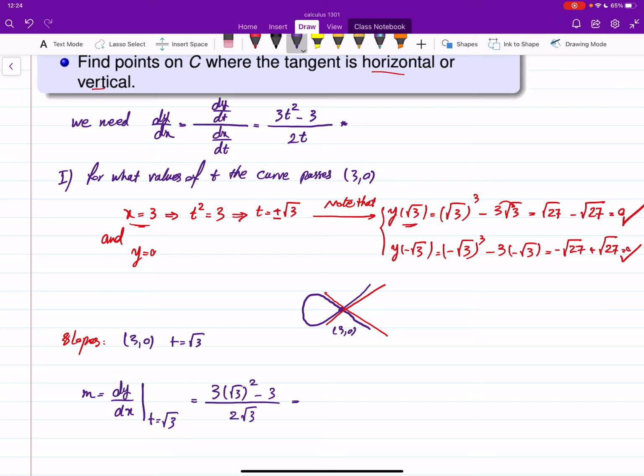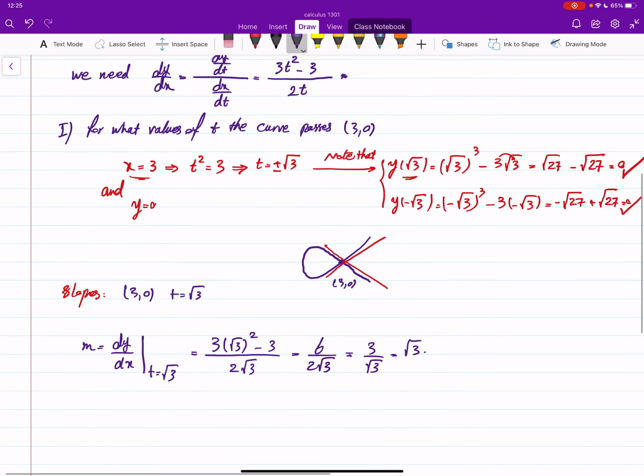This is 3 times 3, which is 9, minus 3, which is 6, over 2 root 3, and then you simplify to 3 over root 3. You can simplify further and you get root 3.